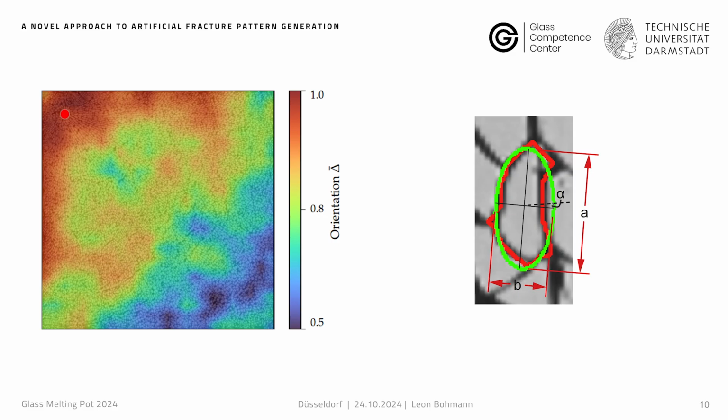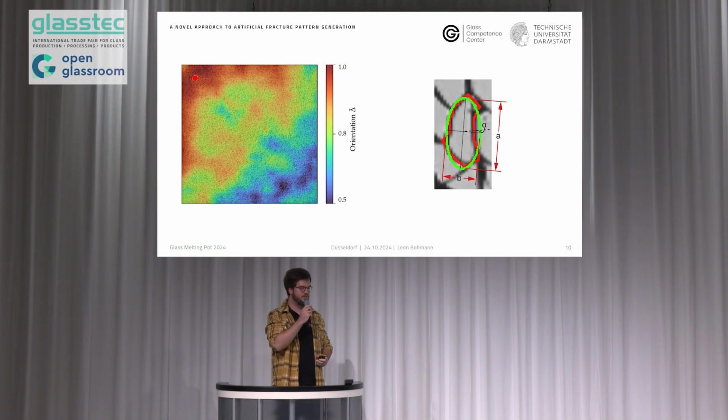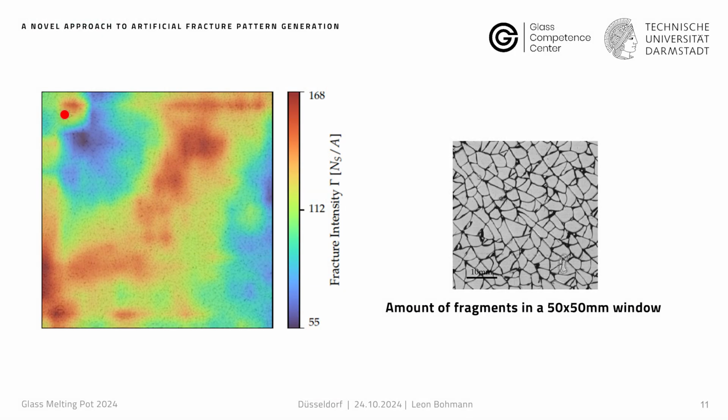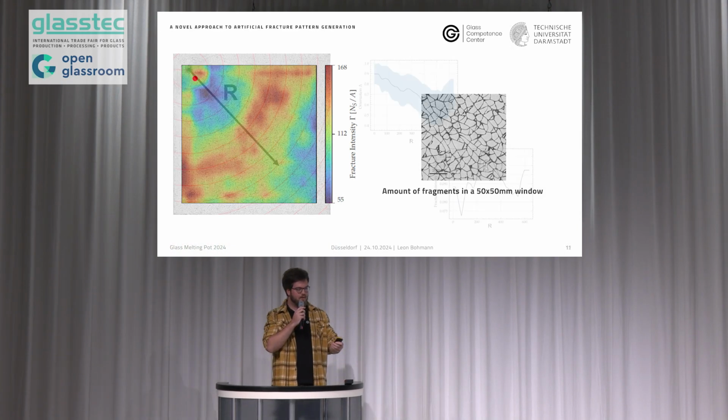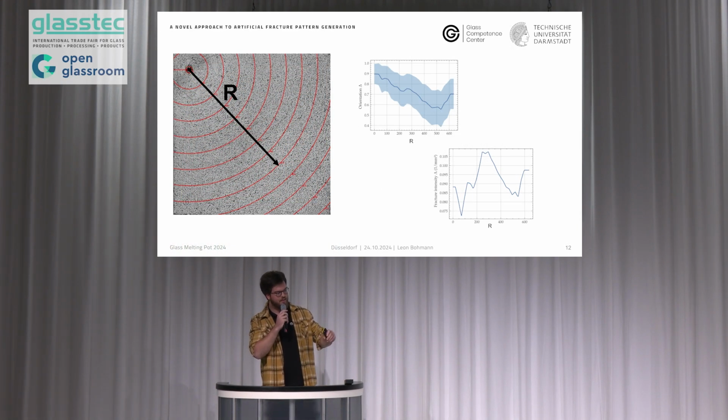The left side of this slide shows that when increasing the distance to the impact position, we get different results in radial bands around the fracture origin. The same applies to the fracture intensity, so the amount of fragments per square 50 millimeters. So that led me to analyze these fracture patterns with regard to the distance to the impact position.